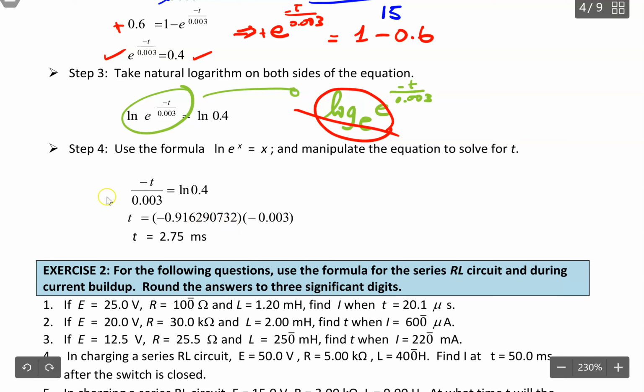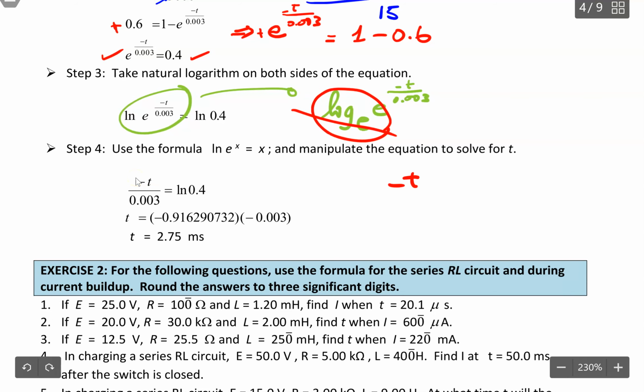Then I bring the 0.03 over to the other side of the equation. At the same time, I can write this as negative t over 0.03 being similar to t over 0.03 as a negative.